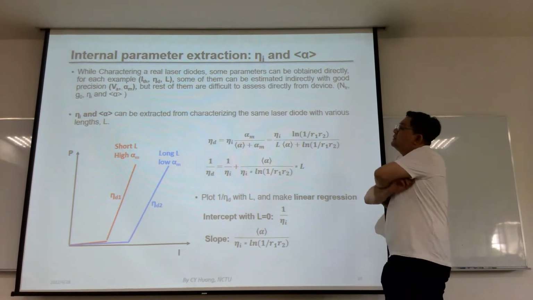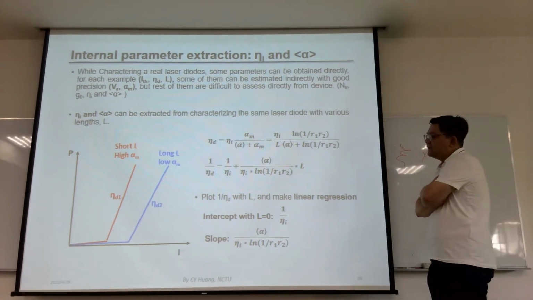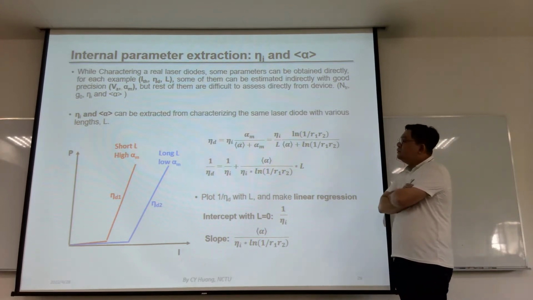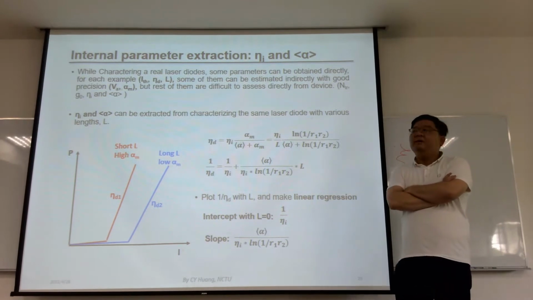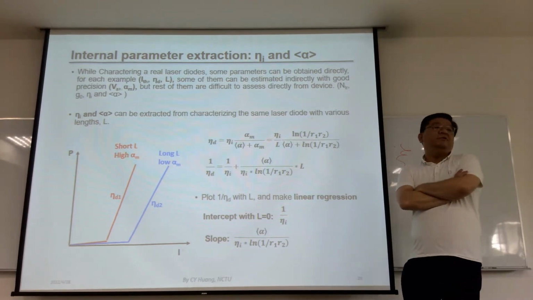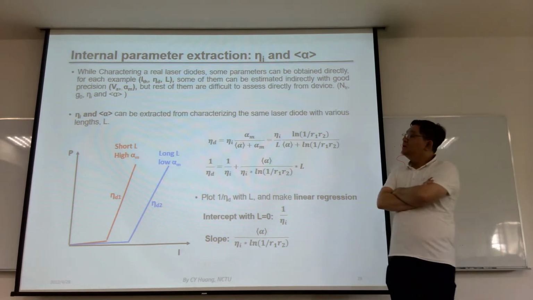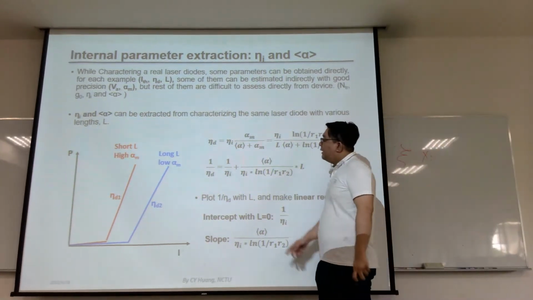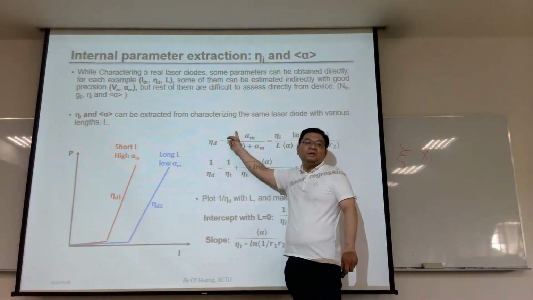All right, so let's go to the next slide. We learned the rate equations of the laser diode, but a large number of the parameters cannot be directly measured. For example, how do you know the injection efficiency?